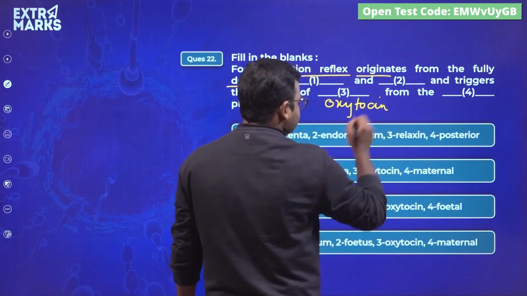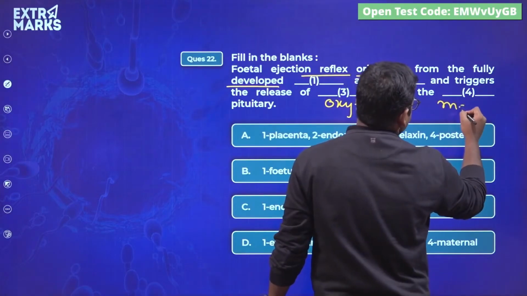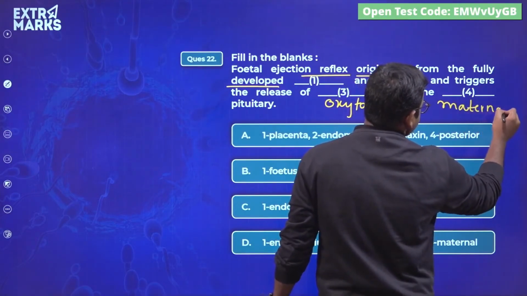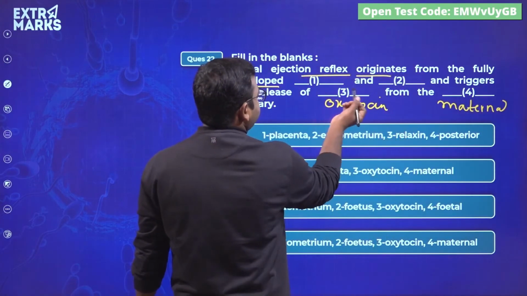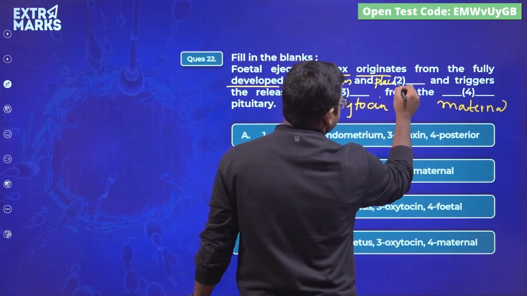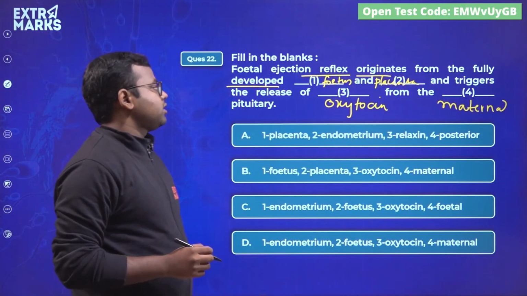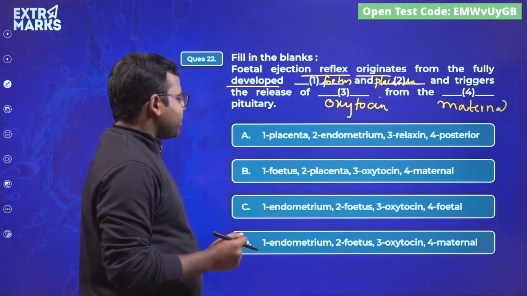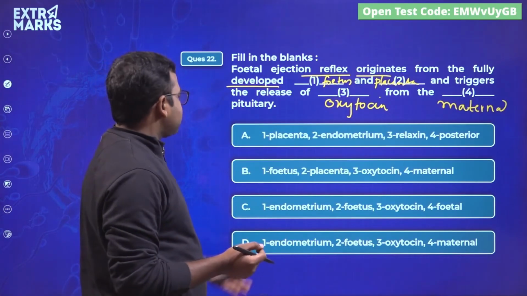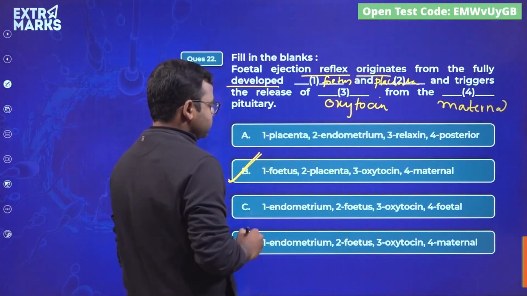And from where is the oxytocin released? It is released from the maternal pituitary, the mother's pituitary, right? So here you can see fetus and placenta are going to originate the fetal ejection reflex. Fetus, placenta, oxytocin and maternal pituitary, and that is only option B, right?